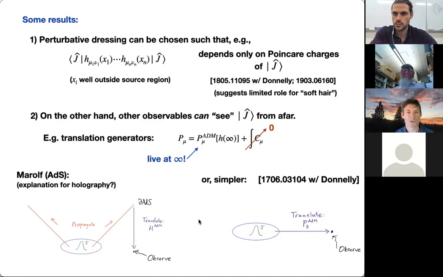In fact, there's a simpler version of that argument, never mind propagation and translating back. You can just take the operator here, or the state here, and translate it out to the boundary using a spatial translation by the same kind of construction, where you effectively have the spatial translation generator being an operator that lives at the boundary.